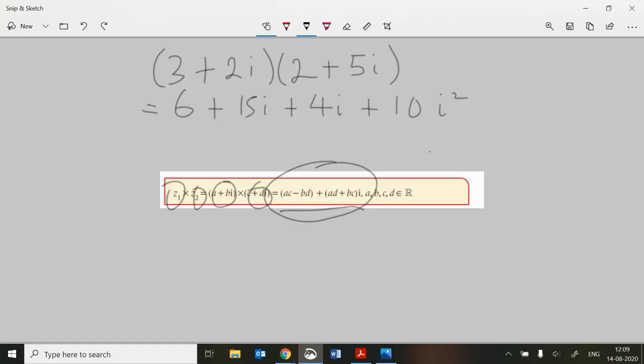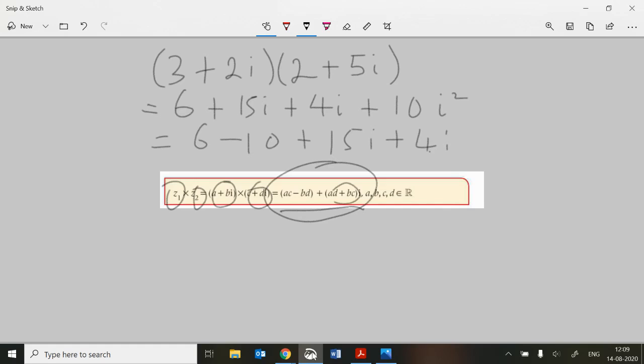Okay, and in the definition, you'll see that in terms of bi times di, and that gives us this minus bd here to add on to the non-complex part, to the real part of this number. So this is basically giving us 6 take away 10 plus 15i plus 4i.